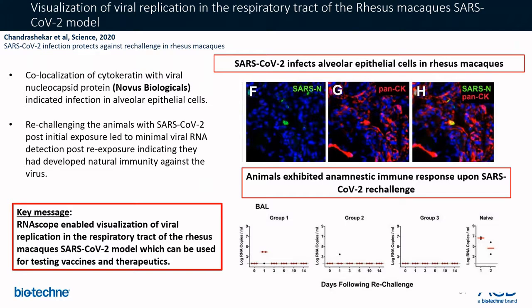In addition, they also performed IHC staining with cytokeratin and the viral nucleocapsid protein from Novus, which is a sister company of ACD, to indicate the infection in alveolar epithelial cells. So in summary, a lot of this information will further help scientists to test for vaccines against the virus and also enable development of therapeutics, really giving them power to further their research.